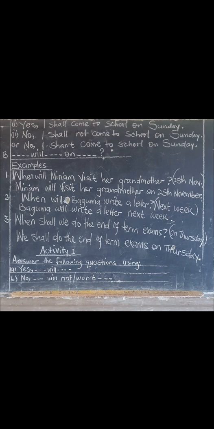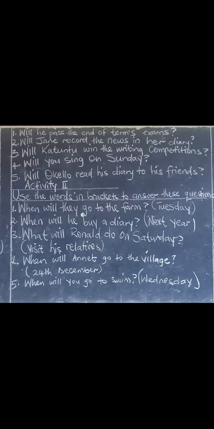B. No, comma, dash dash, will not or won't dash dash. That is how we are answering activity number 1. So the sentences read, will he pass the end of term's exams? You will answer yes, dash dash, and B, no, dash dash.